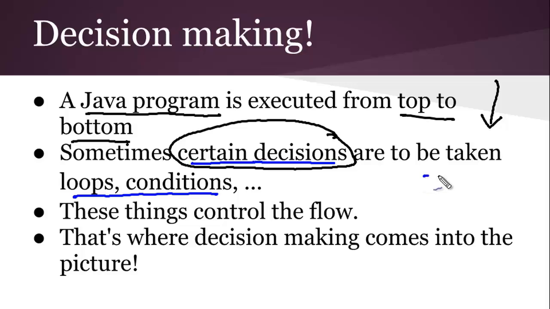Loops can be there when a certain segment of code has to be repeated more than once. Certain conditions can be there which we are going to discuss. But basically the point to note is that these are the things which control the flow of the program. These control the flow of the execution, that is, how the particular program is going to be executed. So that is where decision making comes into the picture.